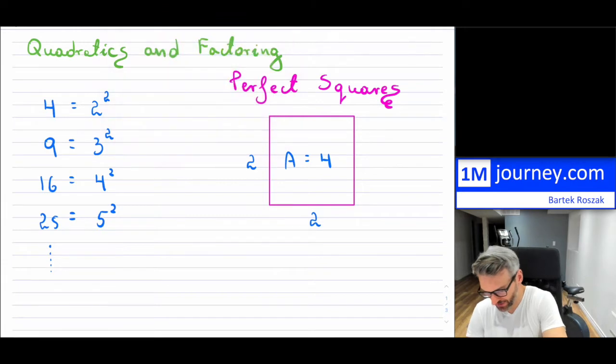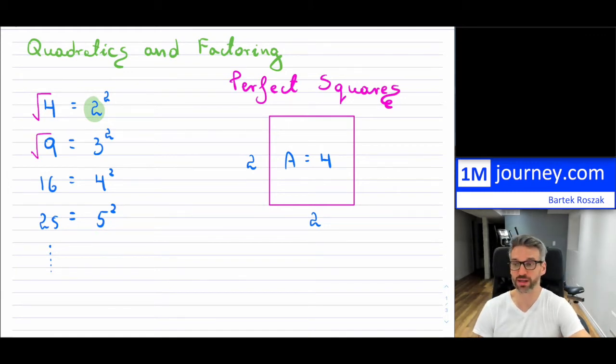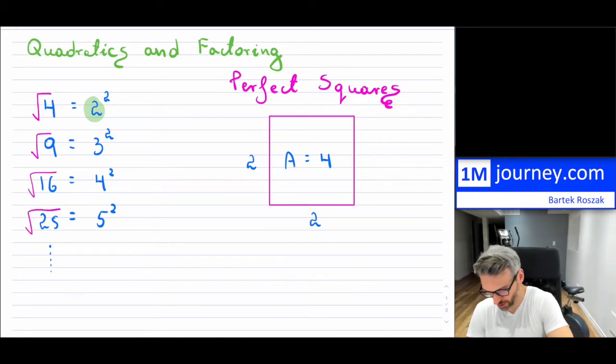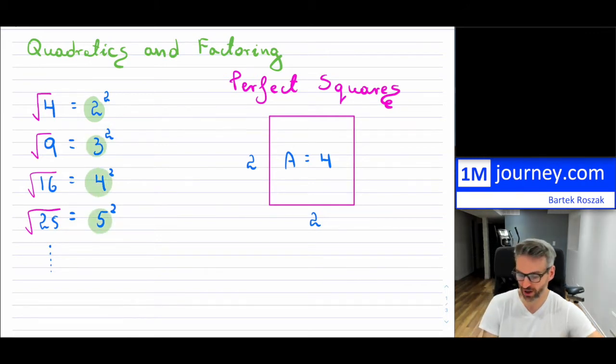If I took the square root of 4, I would get 2, and 2 squared gives us 4 back. The square root of 9 gives you 3, and the square root of 16 gives you 4, and so on. You can go back and forth between these perfect squares and the length of a side of an actual square, and think of the areas as relating back to your perfect squares.